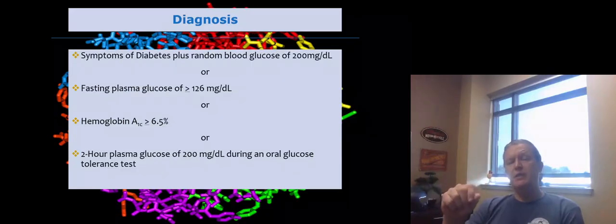Now, hemoglobin A1C is different than the other 3 tests here. The hemoglobin A1C is actually literally a glycosylated hemoglobin A1. So what that means is that is the amount of glucose that is adhered to hemoglobin molecules.